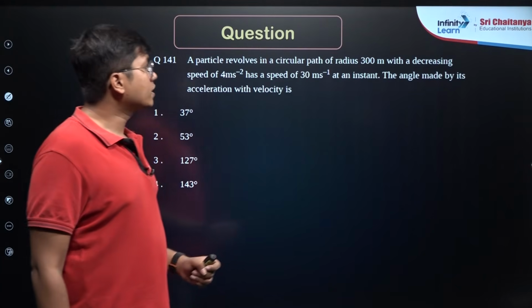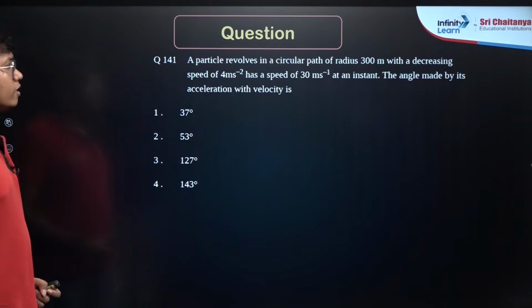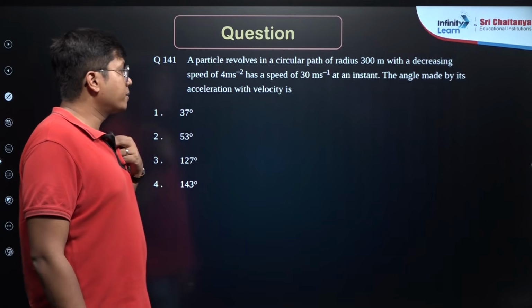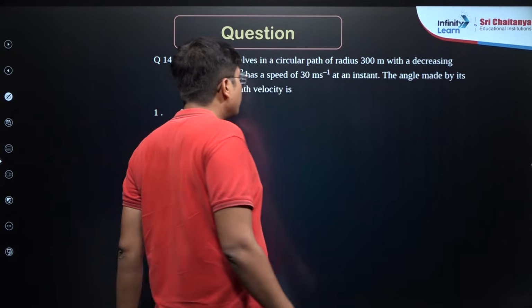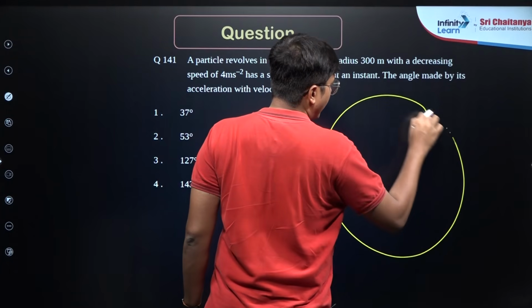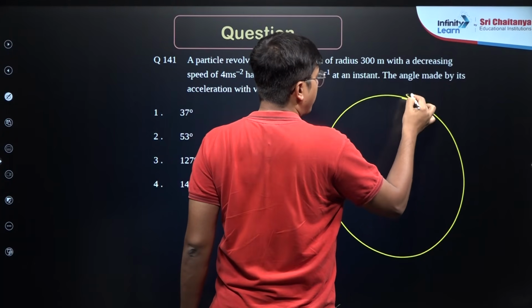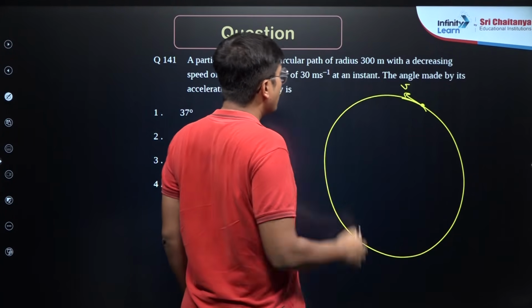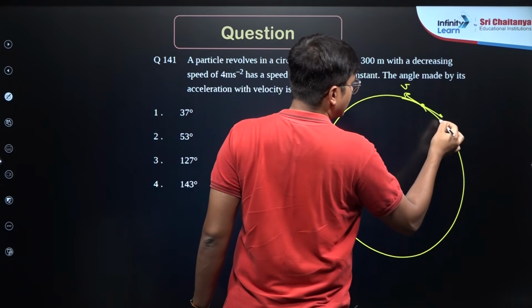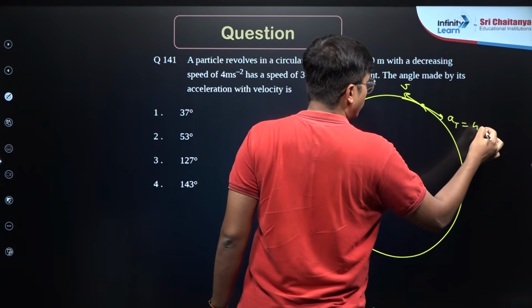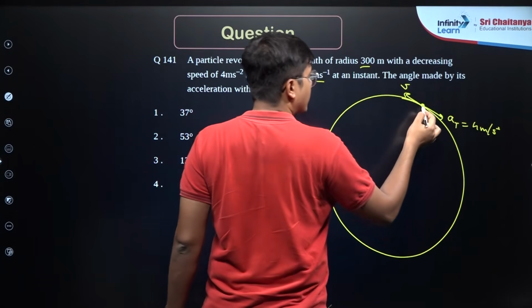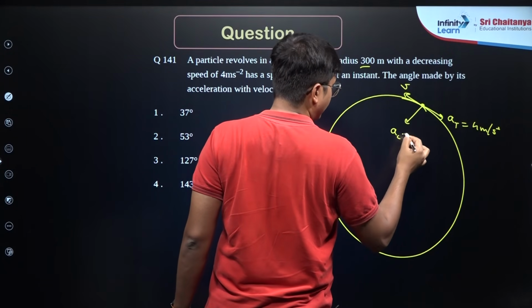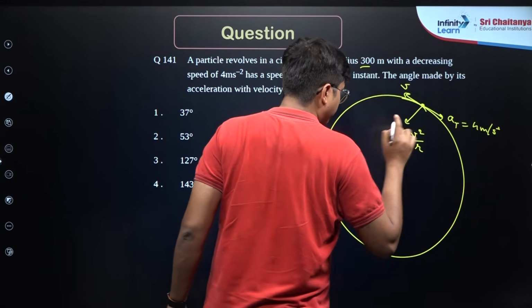Achha, a particle revolves in a circular path of radius 300 meters with a decreasing speed of 4 meters per second square and has a speed of 30 meters per second at an instant. The angle made by the acceleration? So if it is slowing down, the particle is moving in this direction, but it is slowing down, so its tangential acceleration is 4 meters per second square. Besides that, based on its speed and its radius, you'll have the centripetal acceleration, which is v square by r.